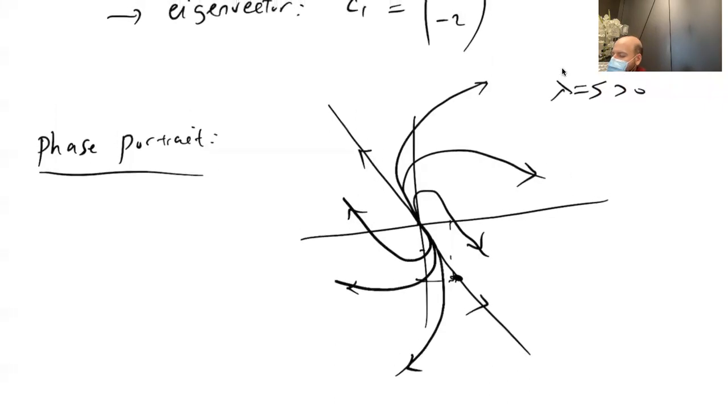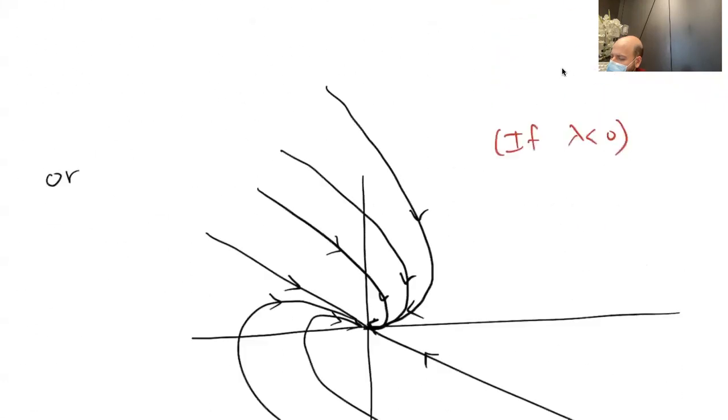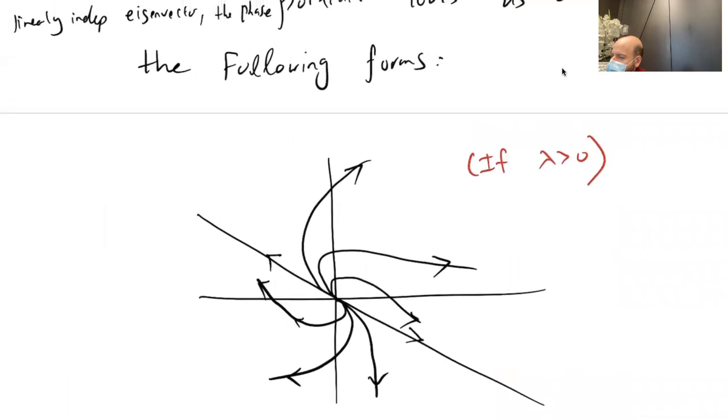So I can call this, let's say, figure 3. I think we had 3 before, so let me call it figure 4.